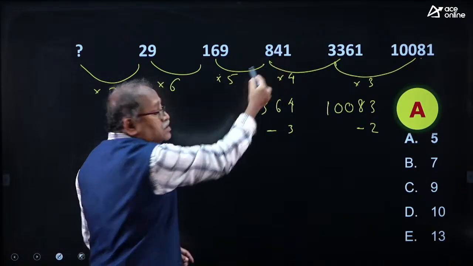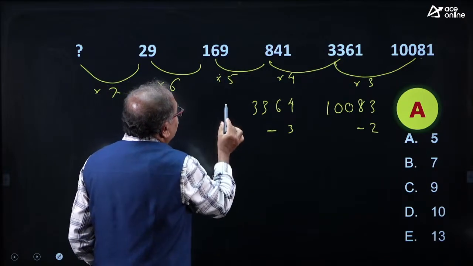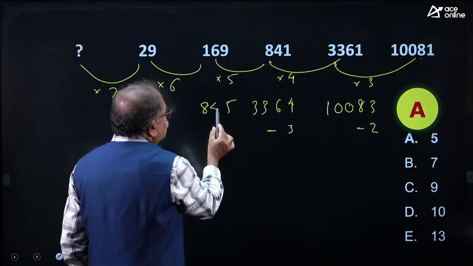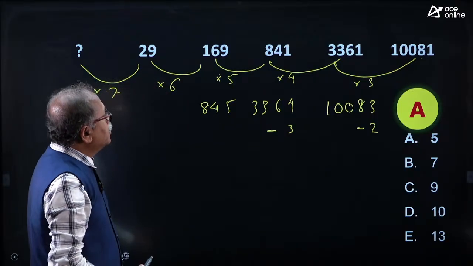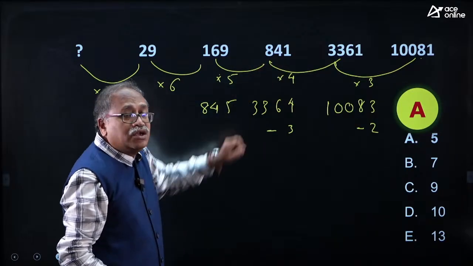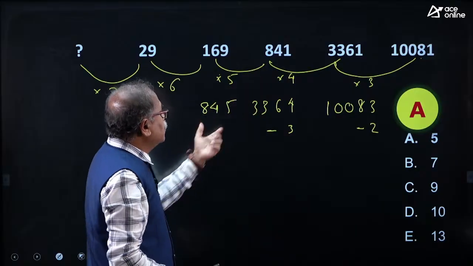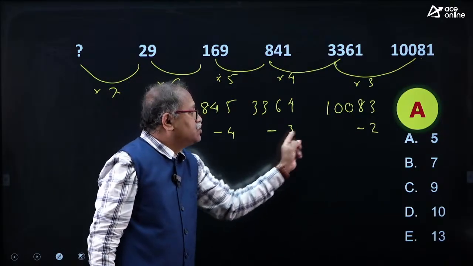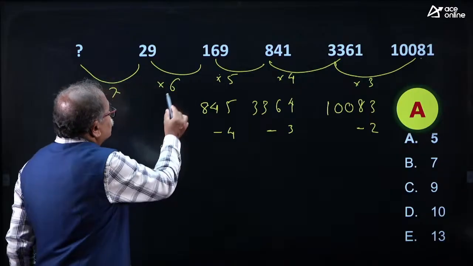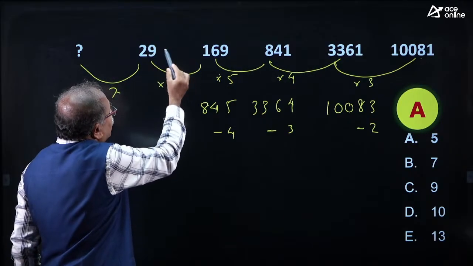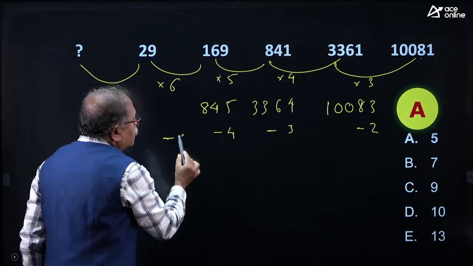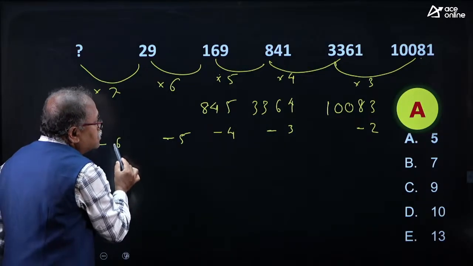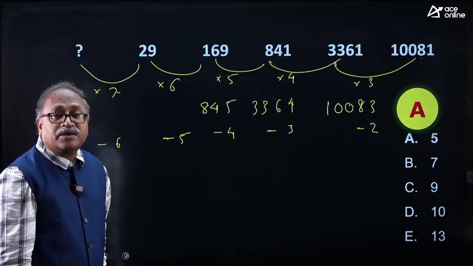I will check whether this satisfies or not. So, 5, 9 is 45, carry 4, 16, 5 is 80 plus 4, 84. Now, I notice that this 41 is there, here 45, that means minus 4. See that logic matches, minus 2, minus 3, minus 4. So, go for into 6 and minus 5, and go for into 7 and minus 6.